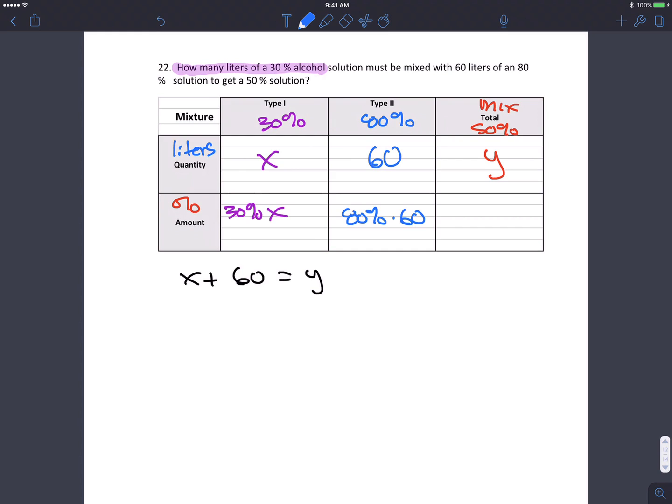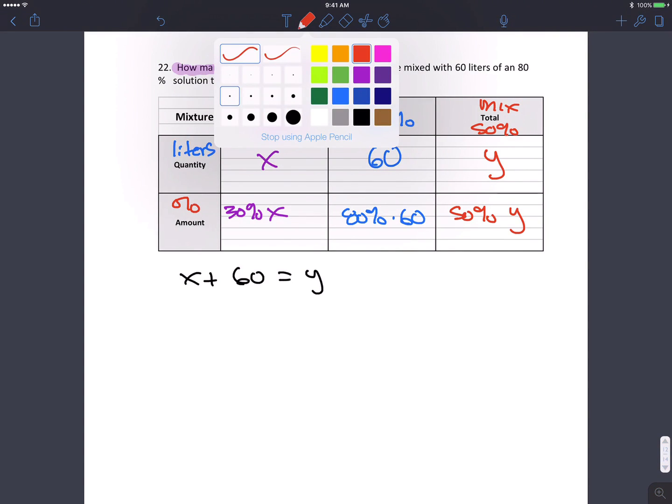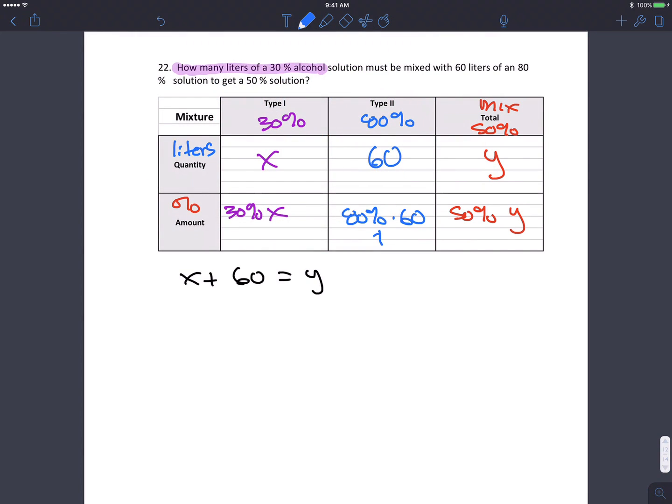Your mixture better be 50% of that y. So 80% of 60 is 0.8 times 60, and you get 48.